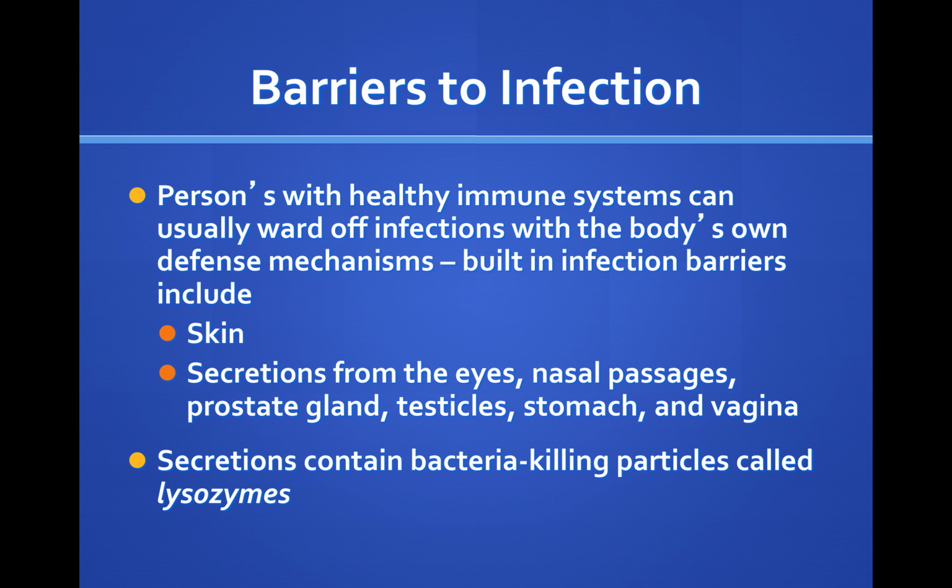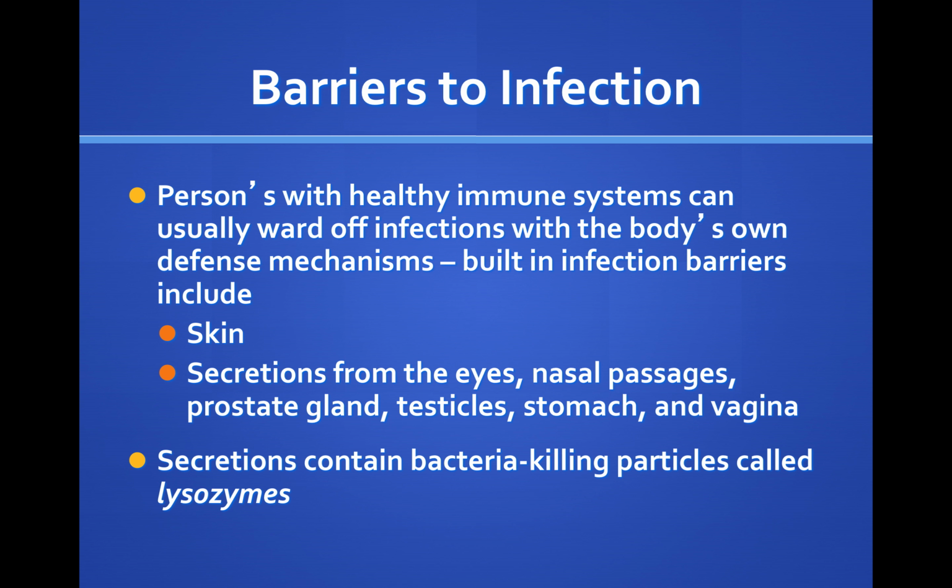So barriers to infection, we've already talked about it a little bit. Bacteria can be found on our skin, tens of thousands per just a little area of skin, because skin is a barrier. It protects us from getting sick. Secretions from the eyes, nose, prostate gland, the testicles, vagina, and stomach.